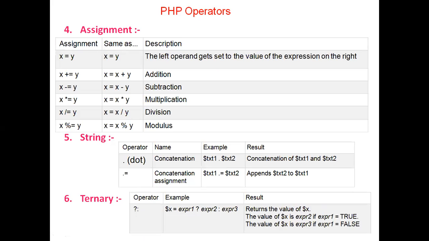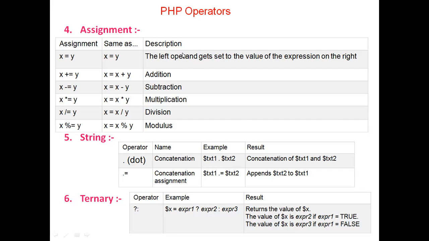Then the assignment operators. Okay, so what is the assignment value? We already learned the assignment value from your school days. x is equal to 5, y is equal to 3. So you are assigning 3 to the variable x. x is equal to y means you are assigning the value of y to x.